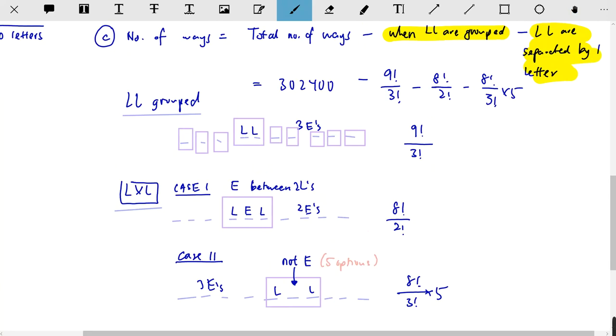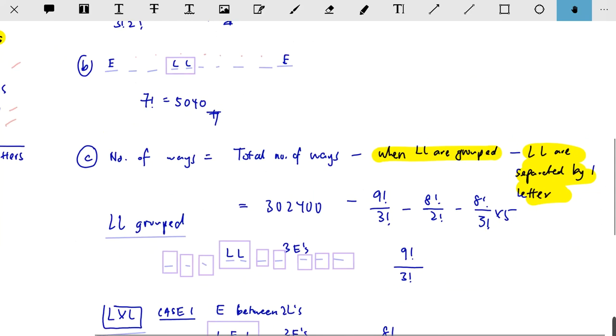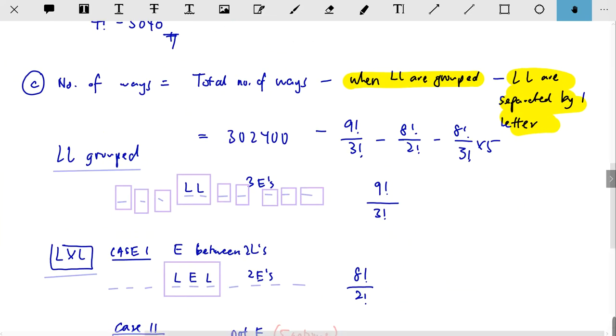Let me check my calculator. Okay, then you get the answer 188106. There you go. That's how I'll do it.